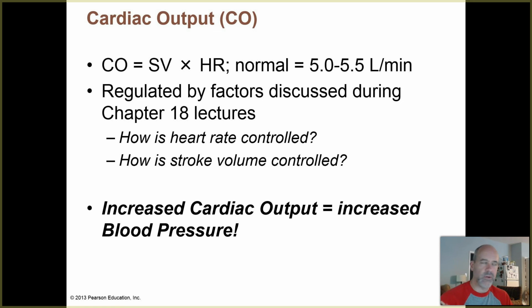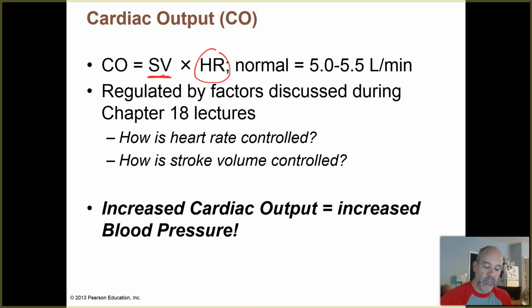All right, so three things are involved in blood pressure. One of those is cardiac output. Just a brief review, cardiac output is calculated as the stroke volume, the volume of blood that the left ventricle is ejecting into the aorta with each contraction, times your heart rate, the number of times your heart beats per minute.